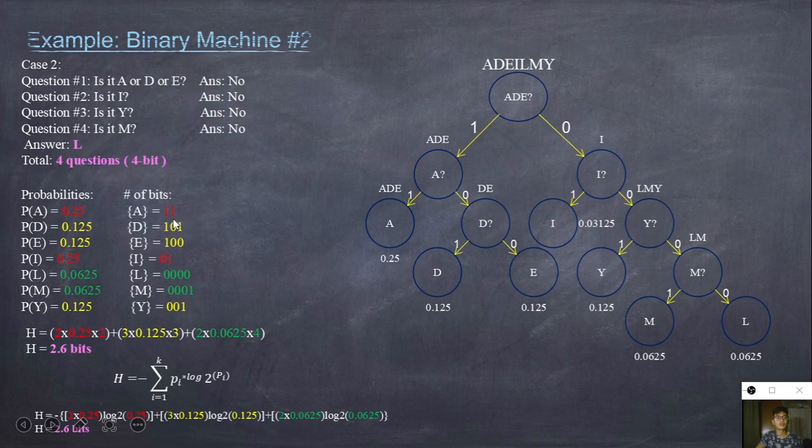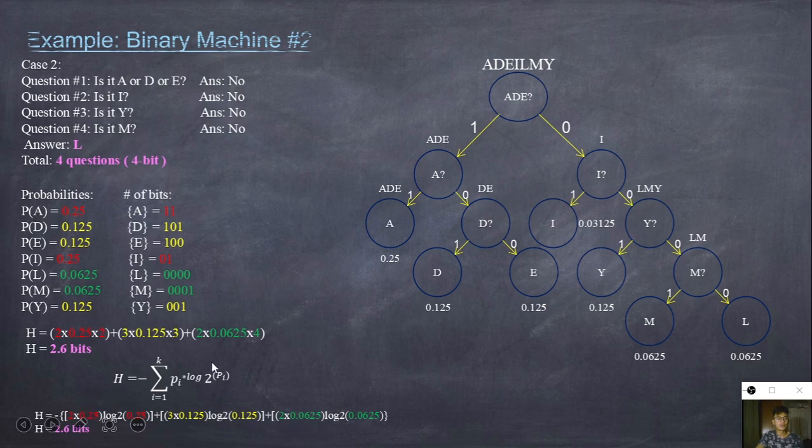For 3 times 0.125 times 3, there are three outcomes with probability 0.125, and the number of bits is 3, as in 1, 0, 1: 1, 2, 3. With these numbers of bits and probabilities, the result is 2.6 bits for the entropy.